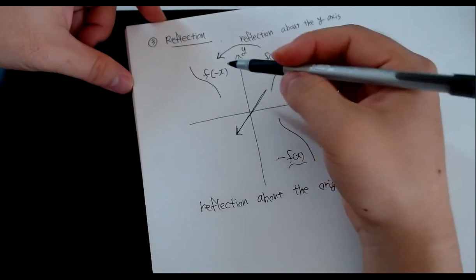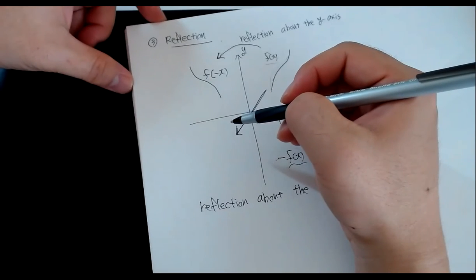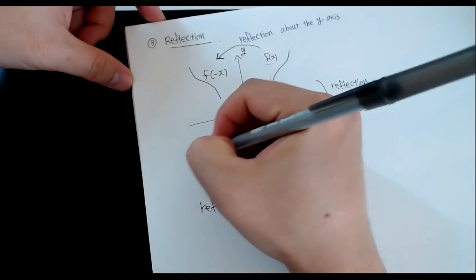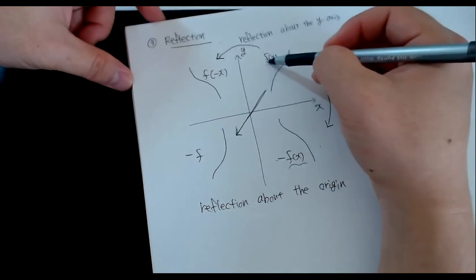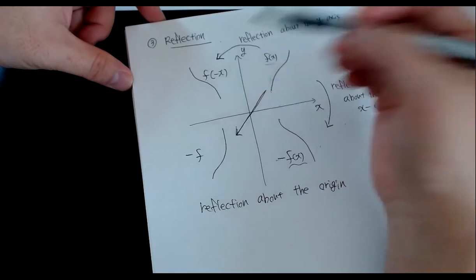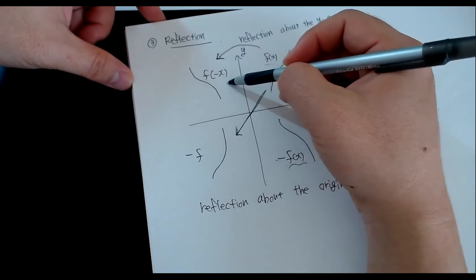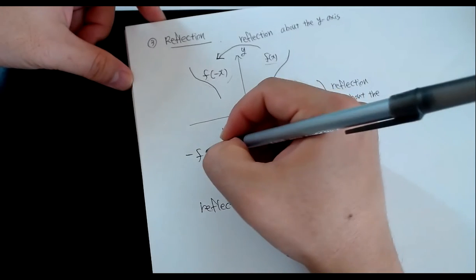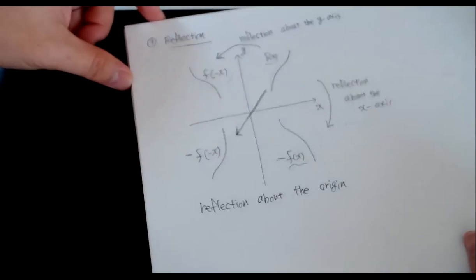Then we got this, right? Once we reflect the graph of f of x about the y-axis, we get f of negative x. Then reflect the graph of f of negative x about the x-axis, we get the negative sign out front of f. So we got this.